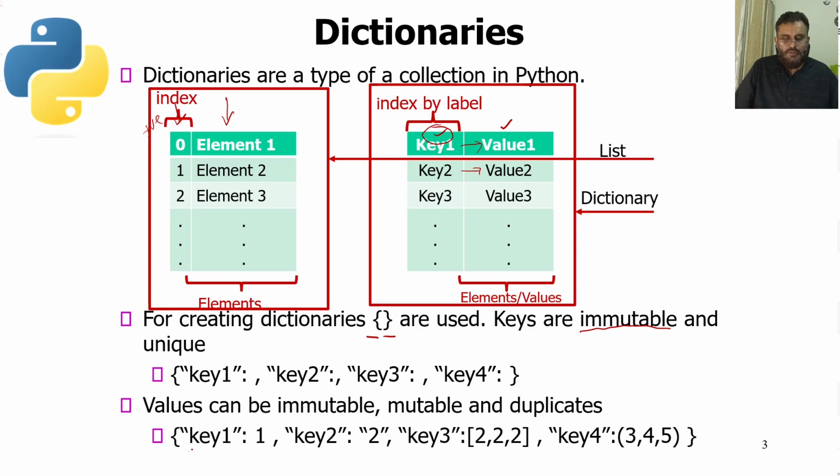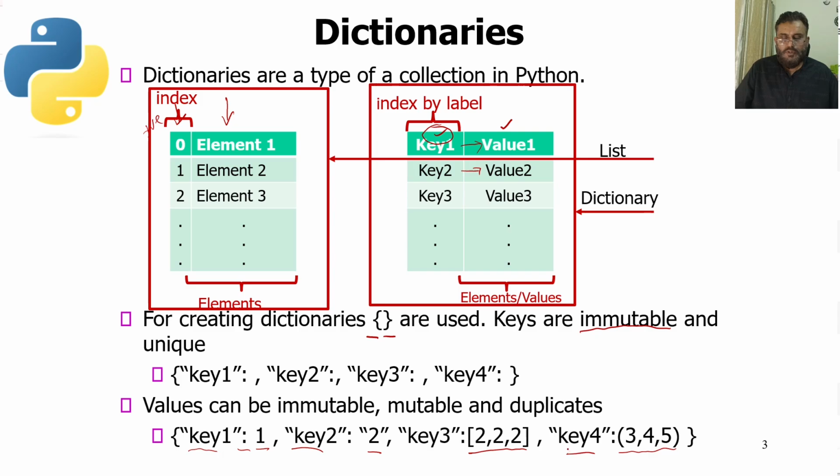So we have this key 1 followed by a colon and then an integer value 1. Then key 2 has a value 2. Key 3 has a list which contains three 2's. And then key 4 has a value of a tuple which has 3 elements which are 3, 4, and 5.